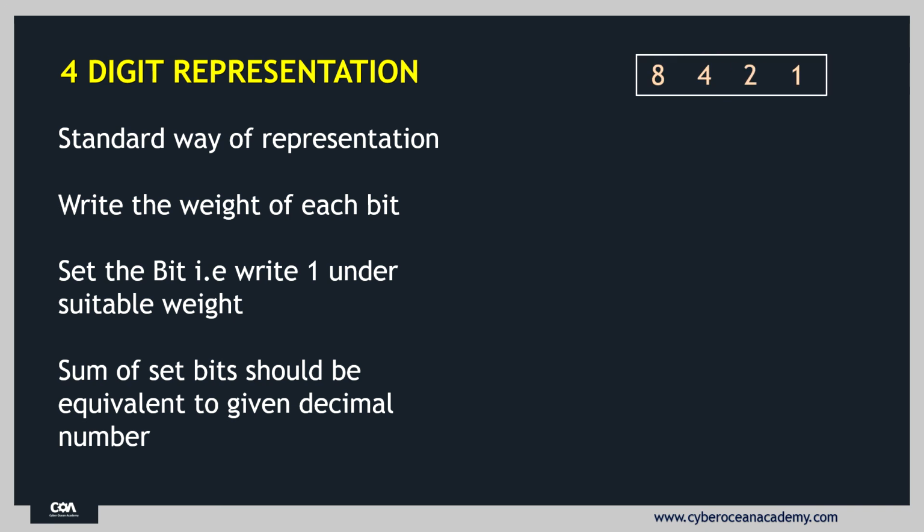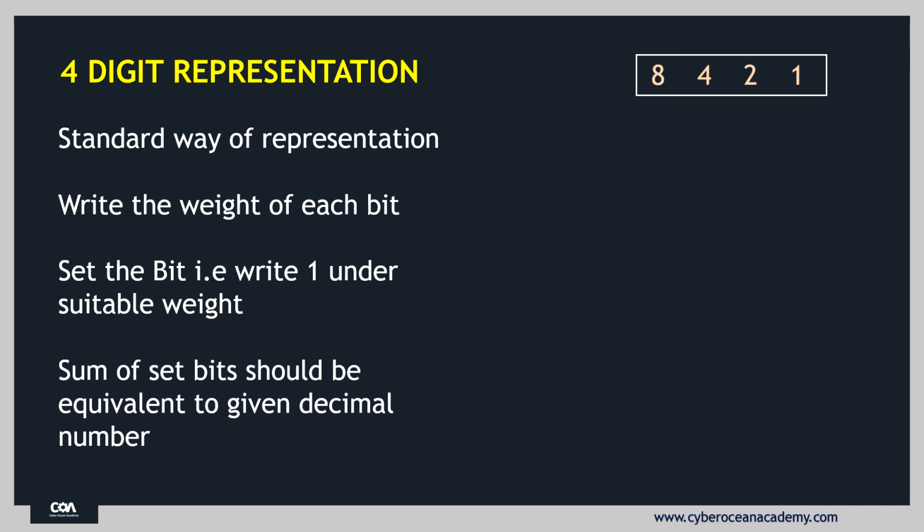In a 4 digit representation, normally the most famous weighted code is 8421, where we write the weight of each bit. The weights of the bits are 8, 4, 2, 1. There are other codes as well, but generally we use this weighted code.